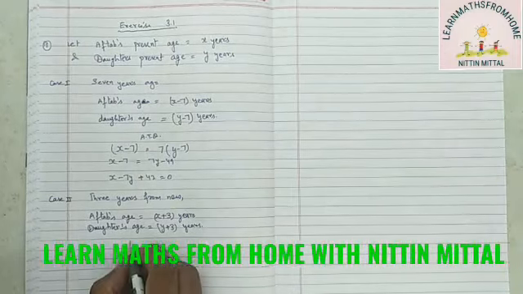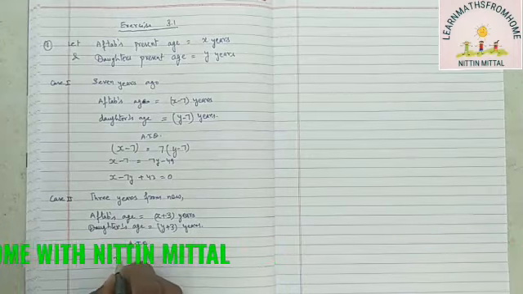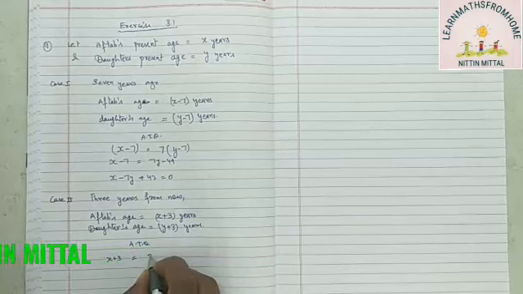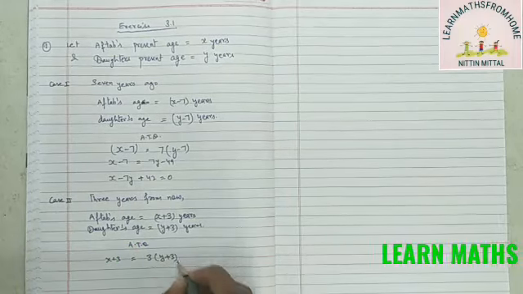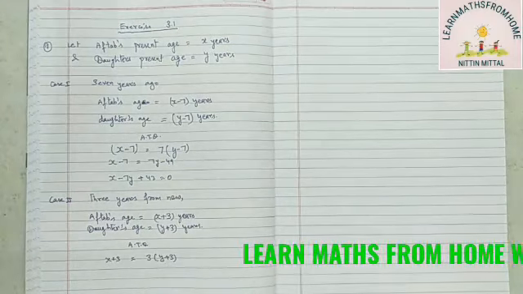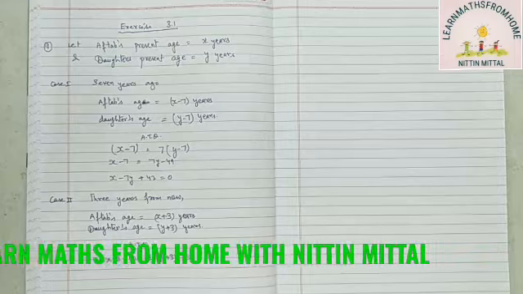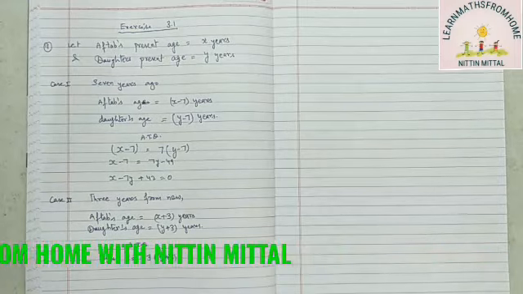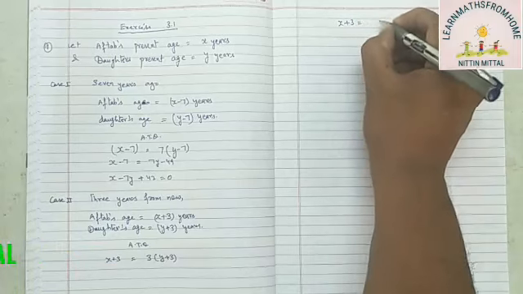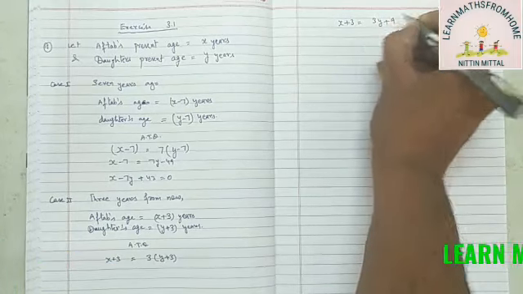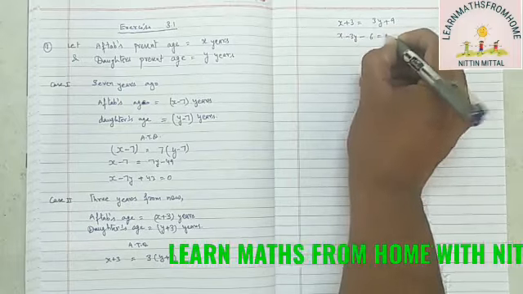Right? Now we have to make an equation. Father is already big, so we have to multiply daughter's age by 3 to bring it equal to father's age. Right? So x plus 3 equal to 3 into y plus 3, and if you simplify it, x plus 3 equal to 3y plus 9, x minus 3y minus 6 equal to 0.